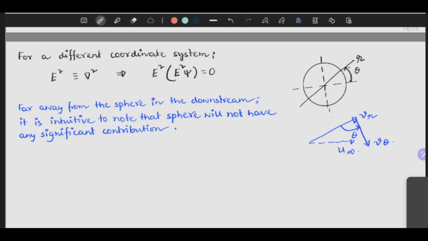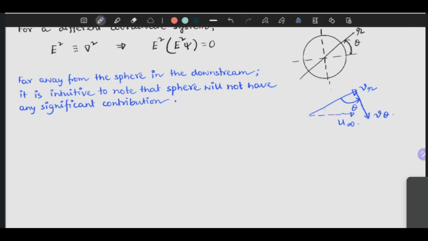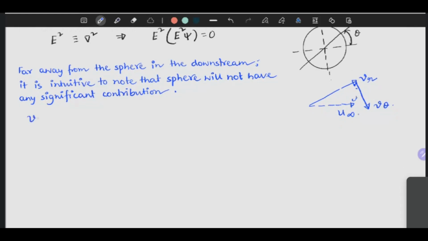So if you take this, then from these relations you can write Vr is equal to u infinity cos theta, and V theta is equal to minus u infinity sin theta.